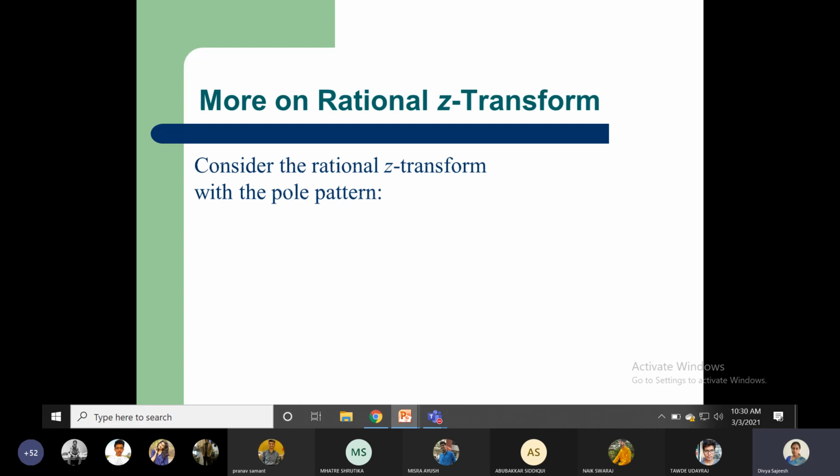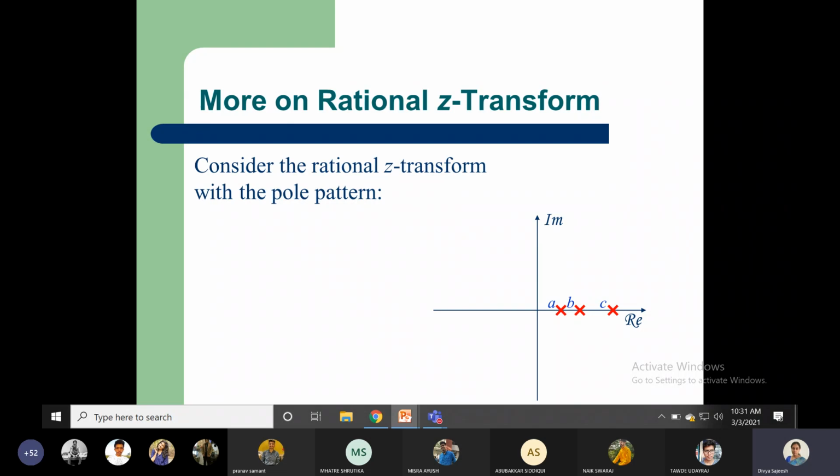Now let us see a few more examples on the Z transform. Consider a Z transform. The Z transform is not mentioned here, only the pole pattern we will see, and accordingly we will find out the ROC and how the signal will be.